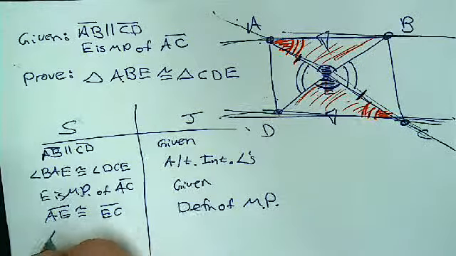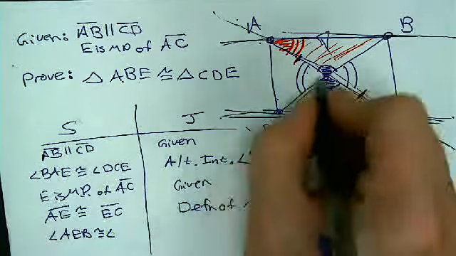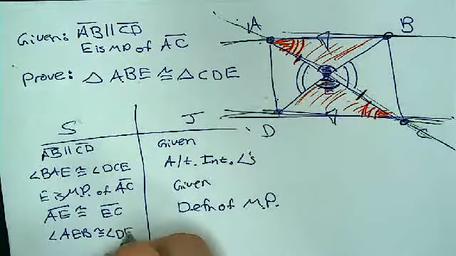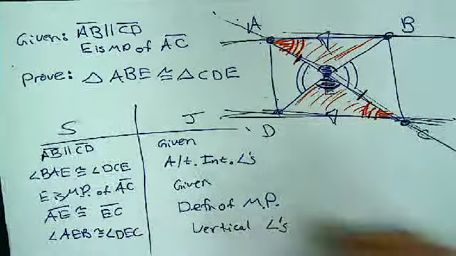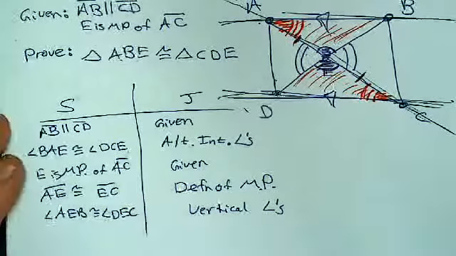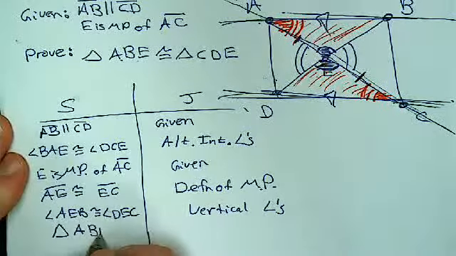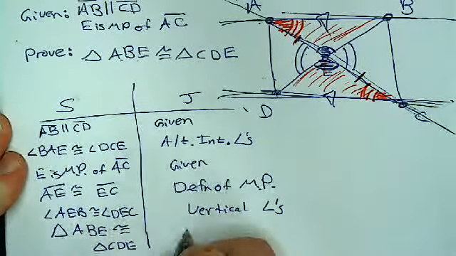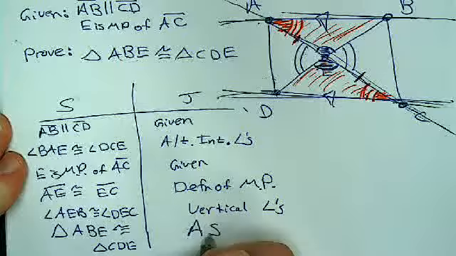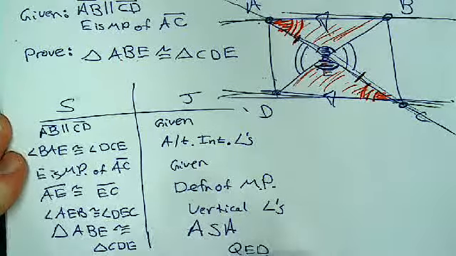Lastly, angle AEB is congruent to angle DEC because they're vertical. And I wrap this sucker up by saying triangle ABE congruent to triangle CDE by angle, side, angle. And that is what I set out to prove.